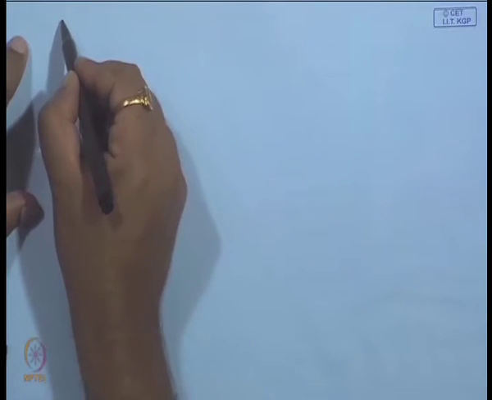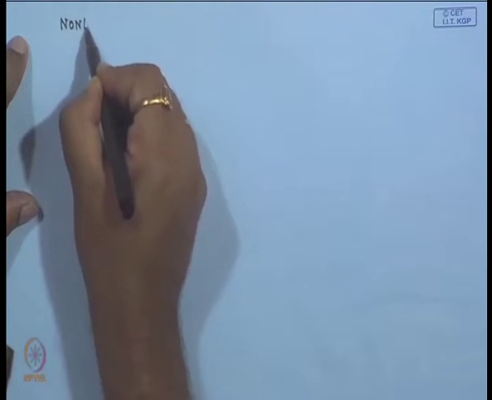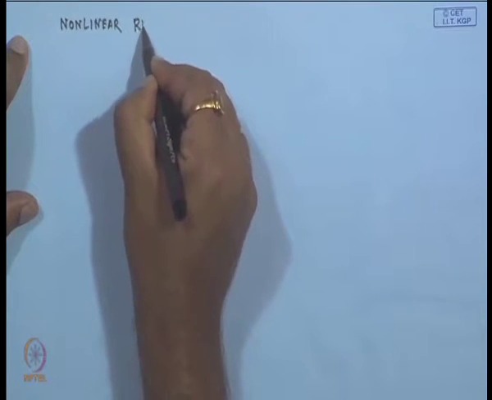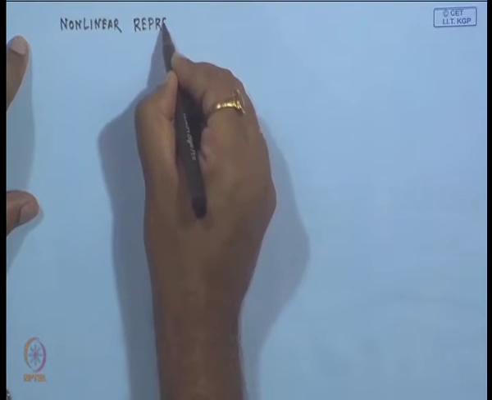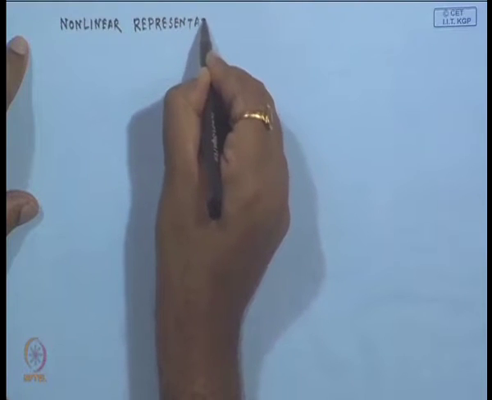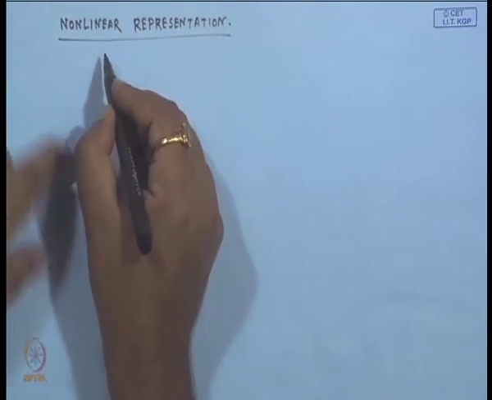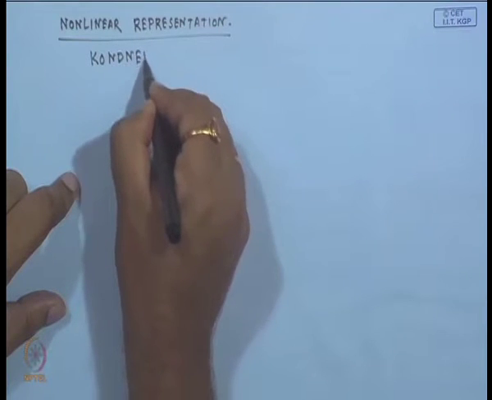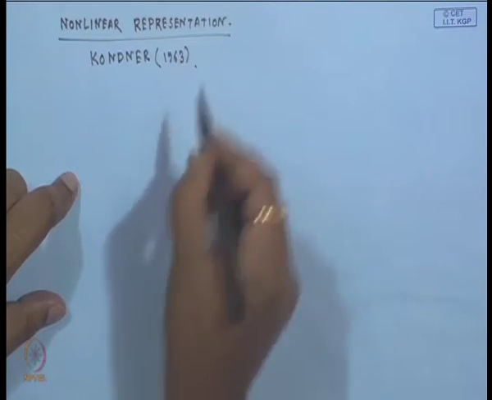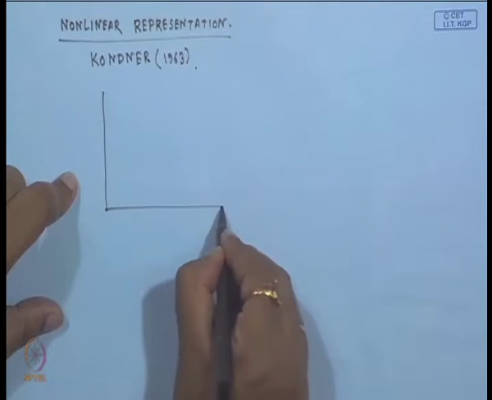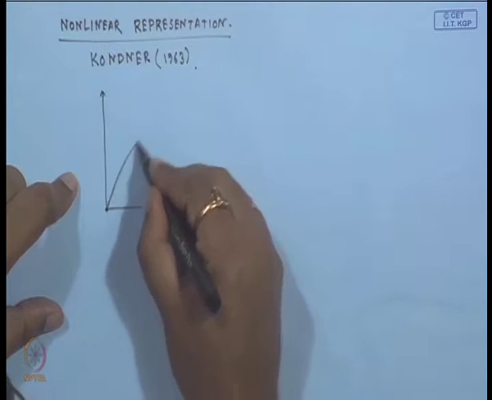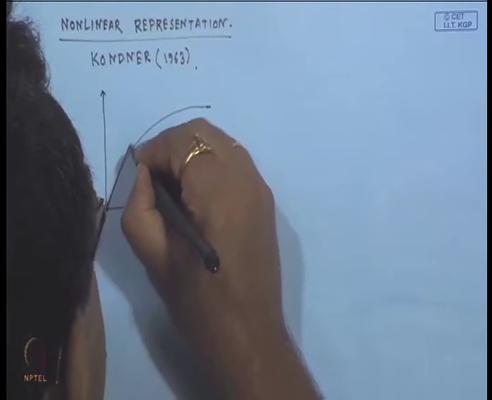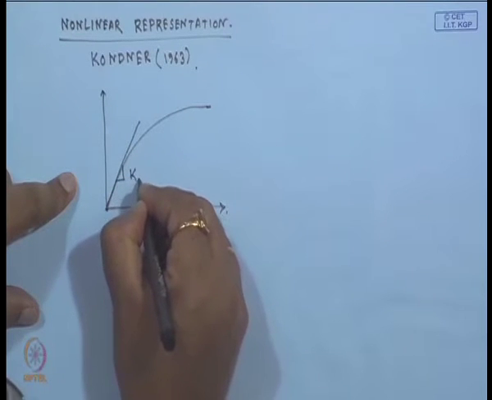Another nonlinear representation you can provide is by Konder (1963), where suppose this is a nonlinear behavior of the soil, and the initial slope is Q0, K0.